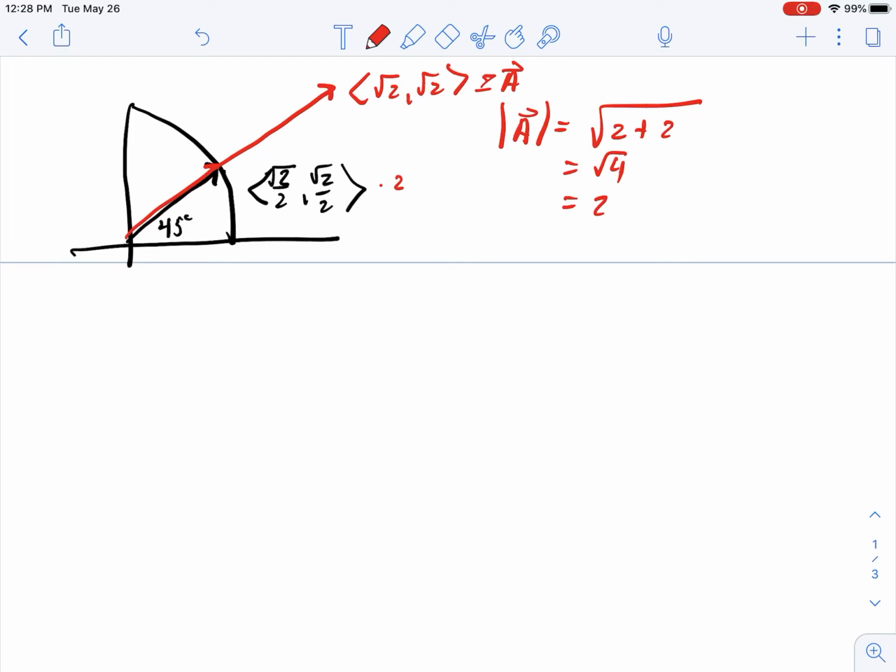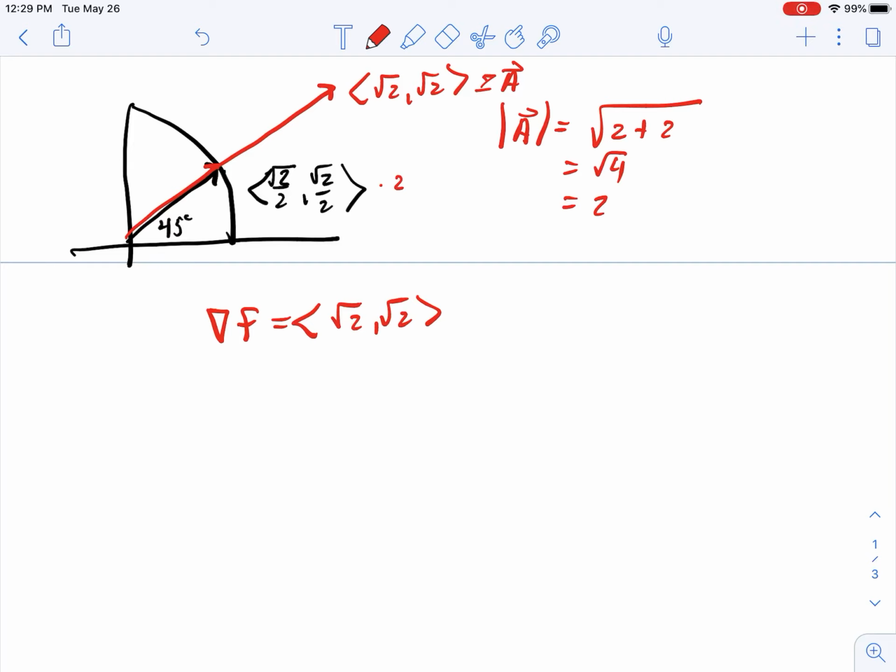Okay. All right. So let's say I'm going to think of this as partial derivatives now. So my del f would be represented by root 2, root 2.